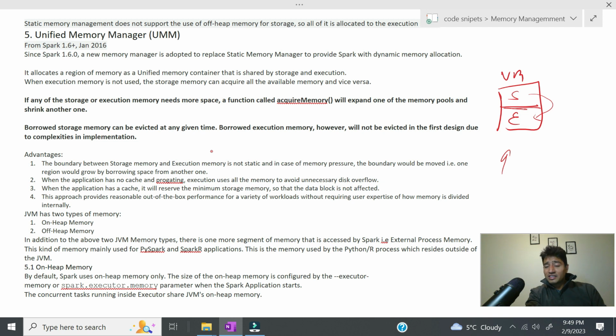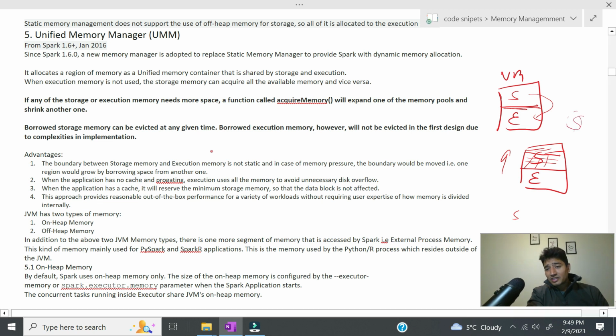But let's say we have another scenario like this. We have storage and execution, right? Let's say storage is filled here, and execution happened. You submitted a job and it needs more execution memory, and let's say we reclaim this memory for execution, and afterwards you want more memory for storage.